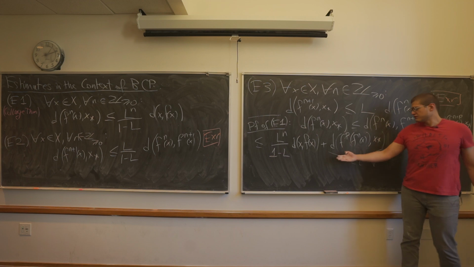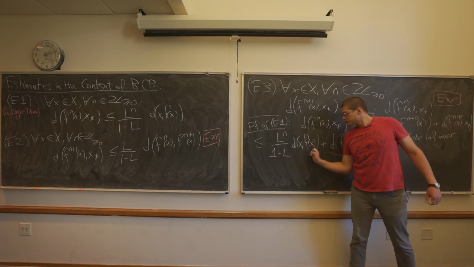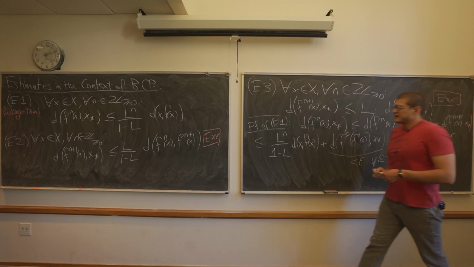Once you take the infimum over this piece, this goes to 0, and you're bounded by this. Okay? Any questions about this?